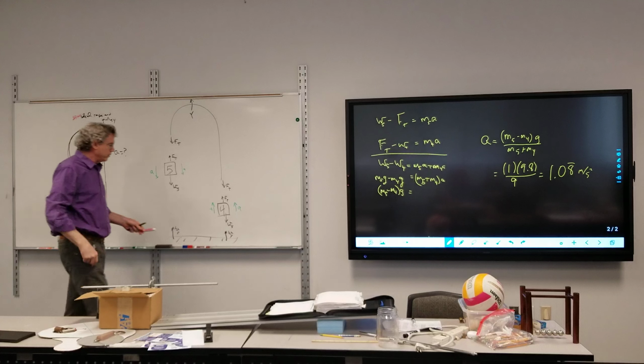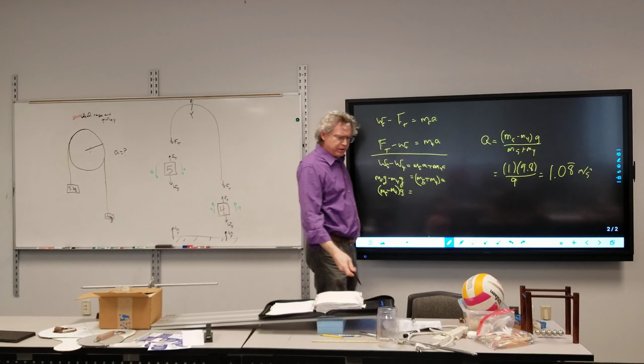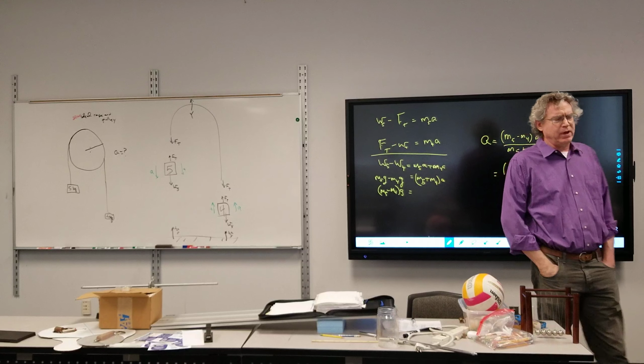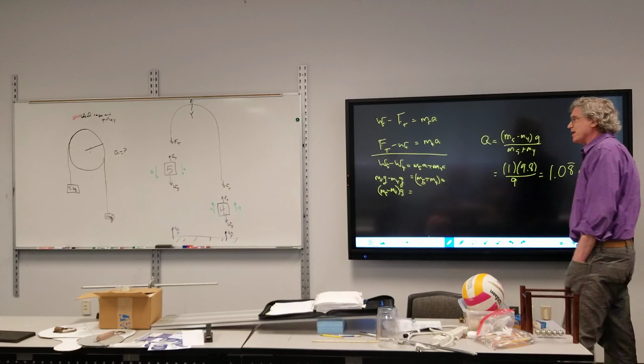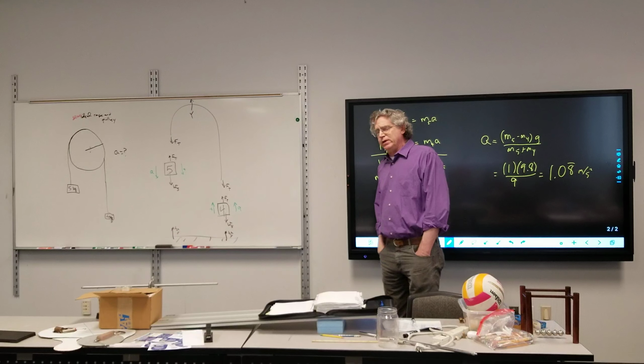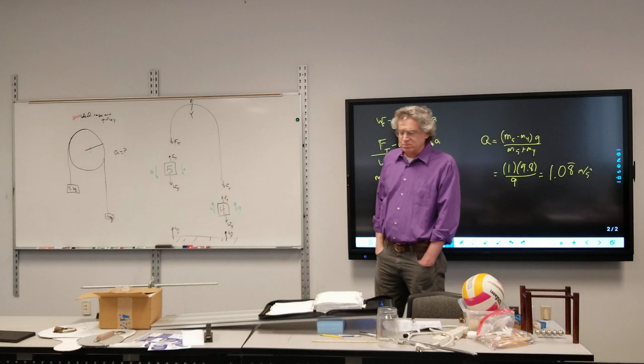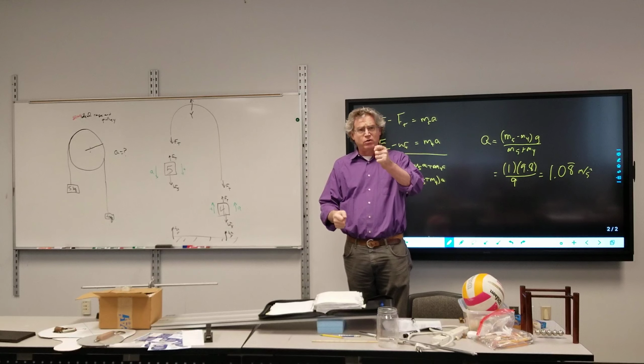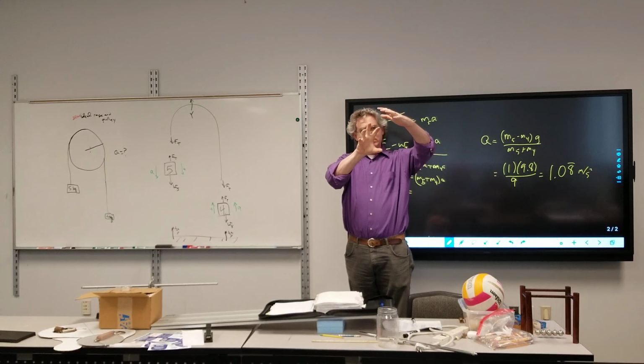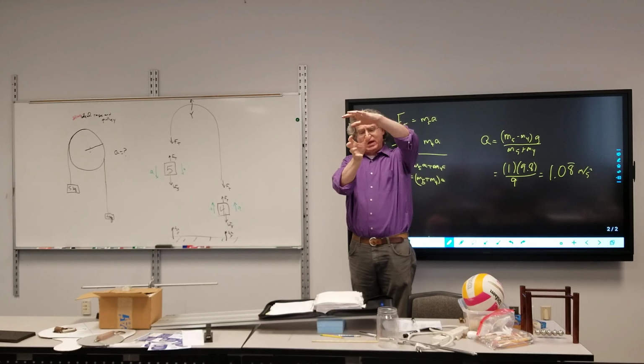We're going to remove one of our ideals. There is now friction between the rope and the pulley. As a matter of fact, the friction between the rope and the pulley is static friction, which means that the rope is not going to slide across the pulley, but it will move. There's not going to be any slipping at all.